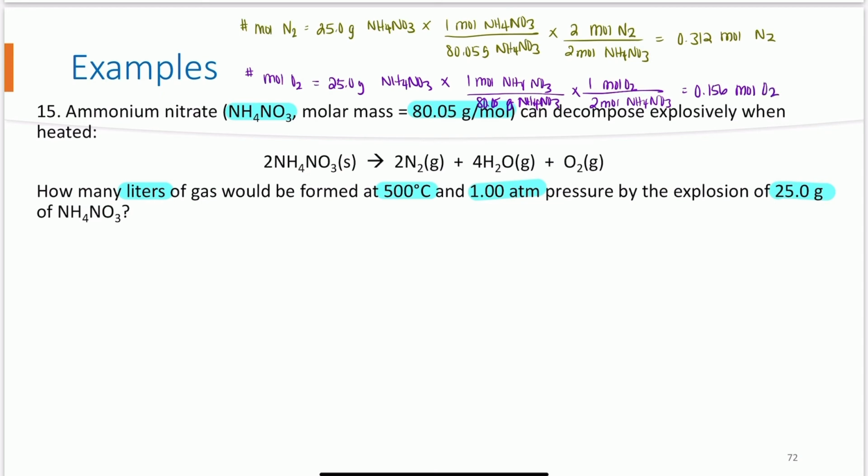And I don't have room up there. Number of moles of H2O, because that was the one I missed in the middle. 25.0 grams ammonium nitrate.